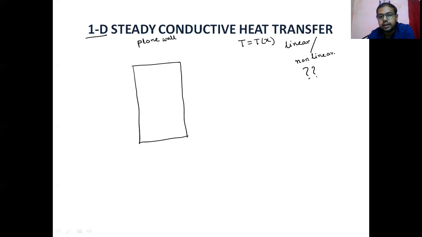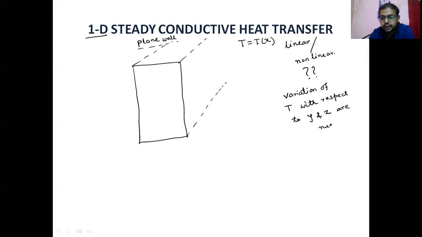Now our consideration is the plane wall. In the Y and Z directions, the wall is very large. So the variation of temperature with respect to Y and Z is negligible here.